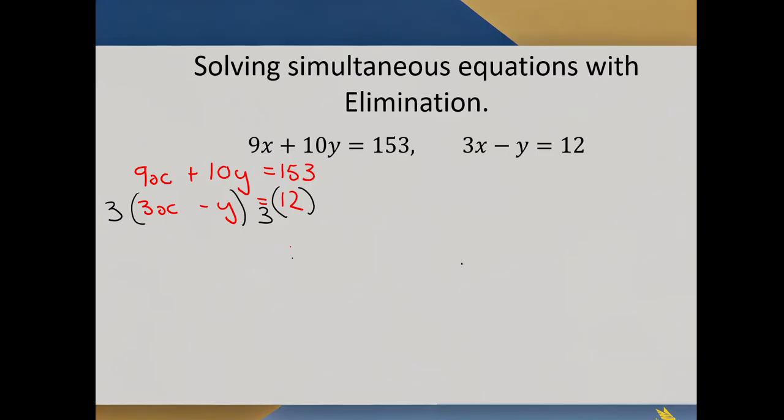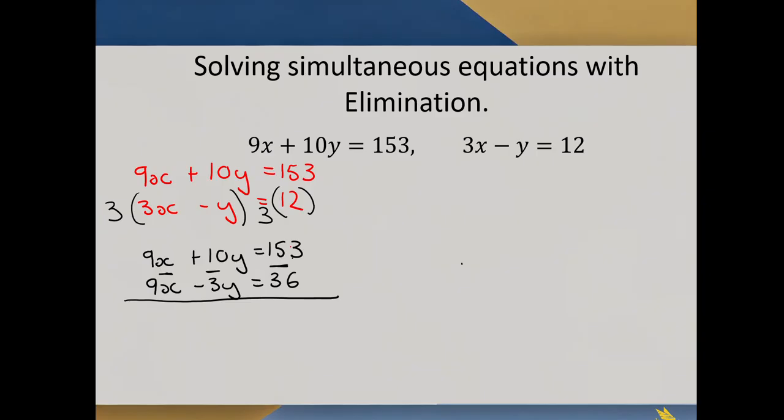So if I rewrite that, that will give me 9x plus 10y is equal to 153. 3 times 3x is 9x. 3 times -y is -3y. And 3 times 12 is 36. Now, when I underline it and take it away, I'm taking away everything. I find it easier to put 3 takeaway signs just so I remember with my negative numbers.